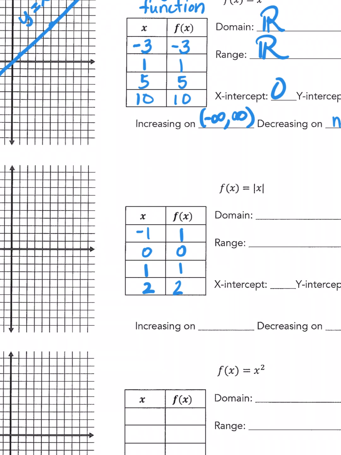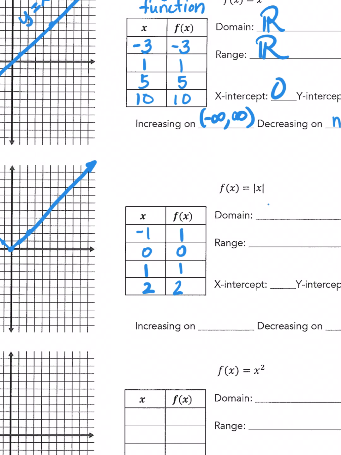Make sense? All right, so let's graph that guy. We've got -1, 1, 0, 0, and 2, 2. So it's going to go like this, and it will go like that, won't it? All right. So now, what's the domain?